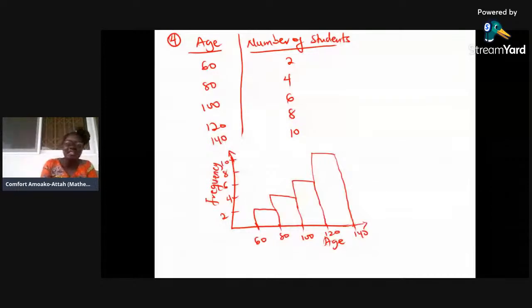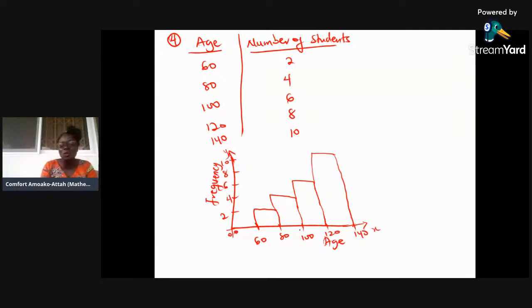Then the age. Most students usually write Y on X. If in the question you don't have Y, don't waste your time to write Y. You are plotting frequency on age, so write that one. Label your axes as such. Then this is a histogram, and you are supposed to have equal intervals on the horizontal axis.